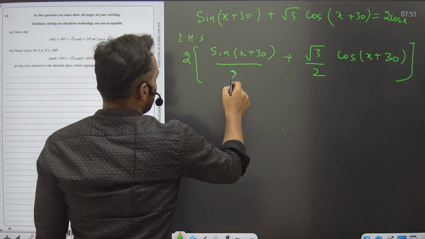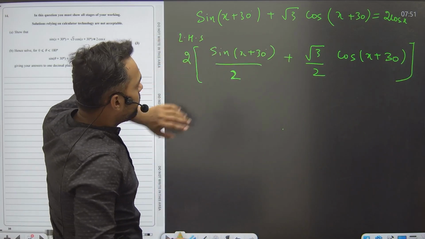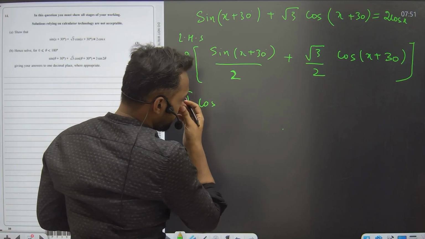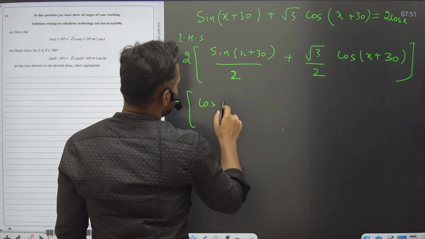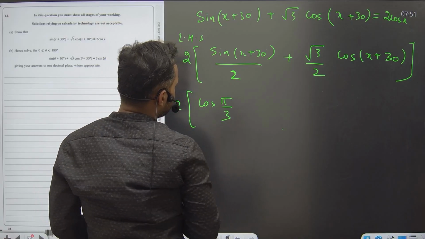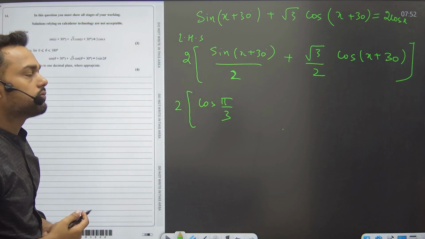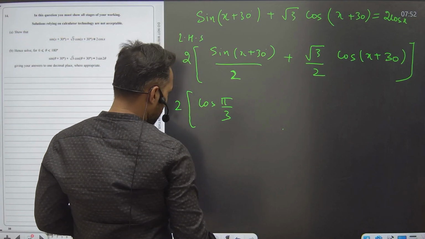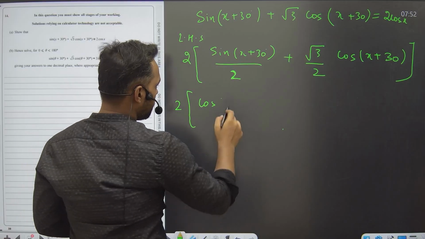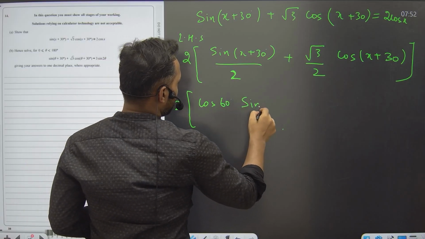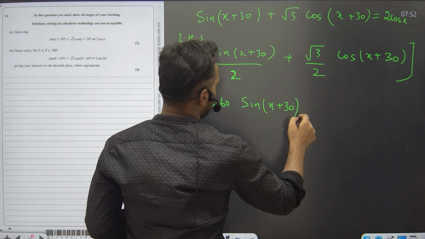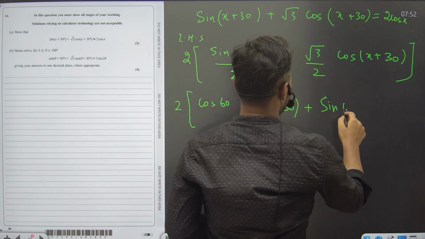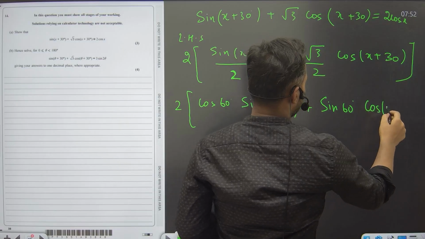Now this 1 by 2 could be written as cos of pi by 3, or cos of 60, and root 3 by 2 could be written as sine of 60, cos of x plus 30.